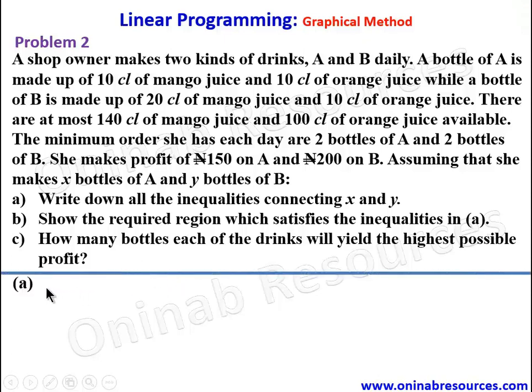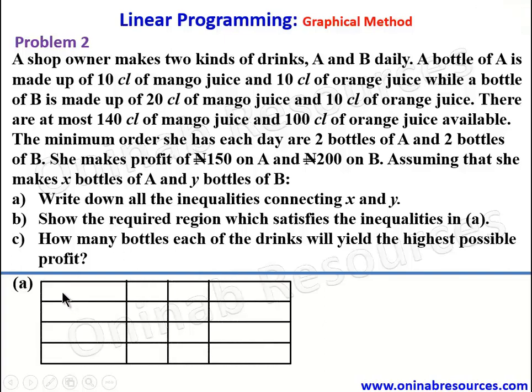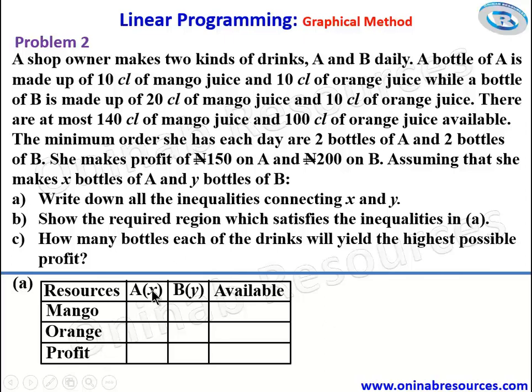So we start with A, and again we are creating a table, and this is the resources, the number of bottles for drink A and the number of bottles for drink B, and this is the available resources. So the first resources there is the mango juice, the orange juice, and we have our profit.